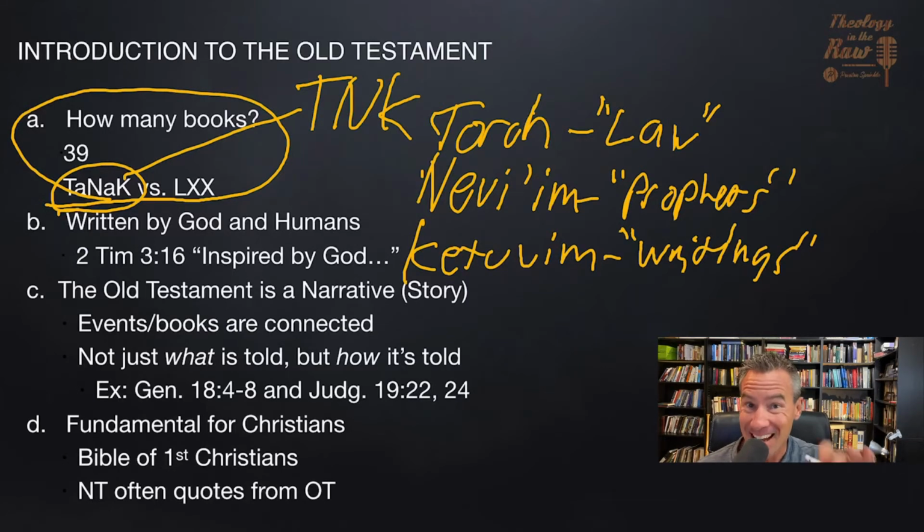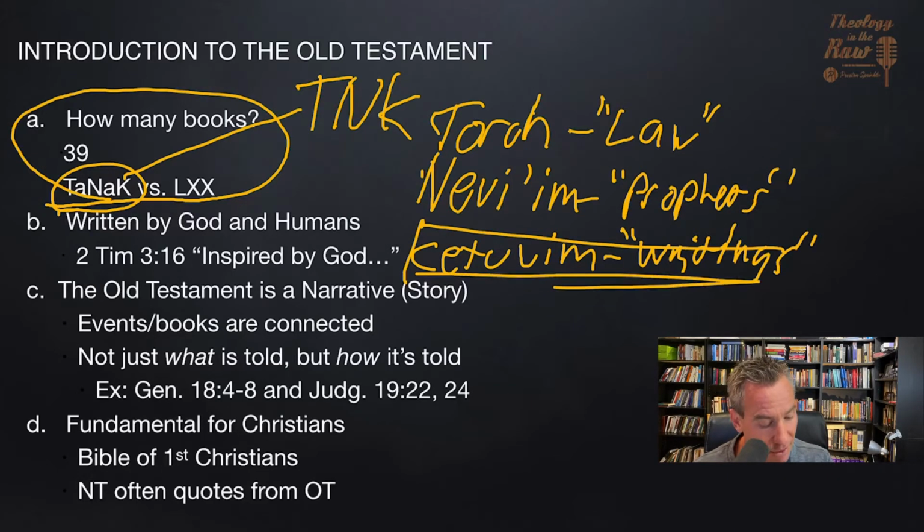Now, if you noticed, you might have said, wait, you missed out on a few, and that was deliberate because they're not included. Daniel, for instance: in our English Bibles, you have Isaiah, Jeremiah, Ezekiel, and then Daniel, but Daniel is not included under the prophets. Daniel is actually under the Ketuvim, the writings.